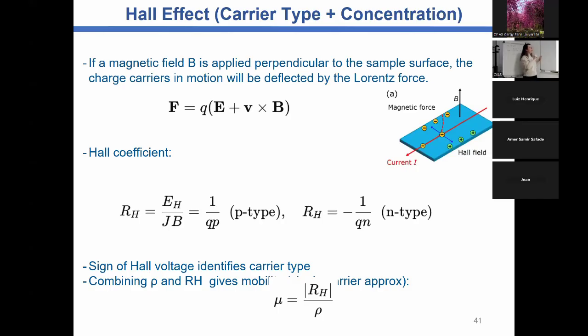So the Hall effect is the technique that we usually use to measure the mobility of the carriers, because we can distinguish the carriers if we shift the polarization, the direction of the magnetic field.